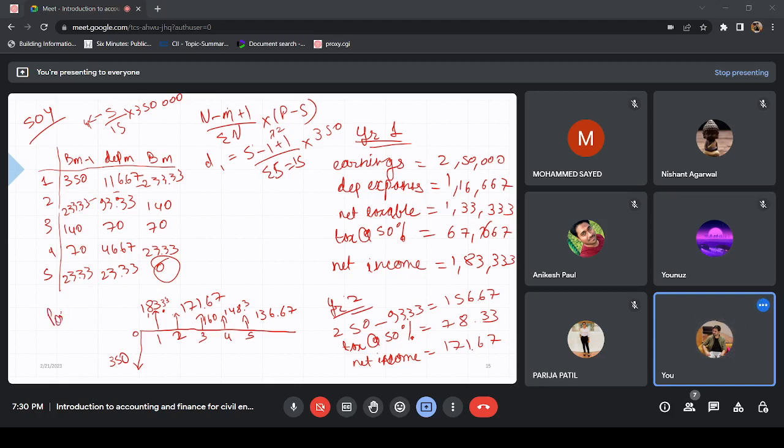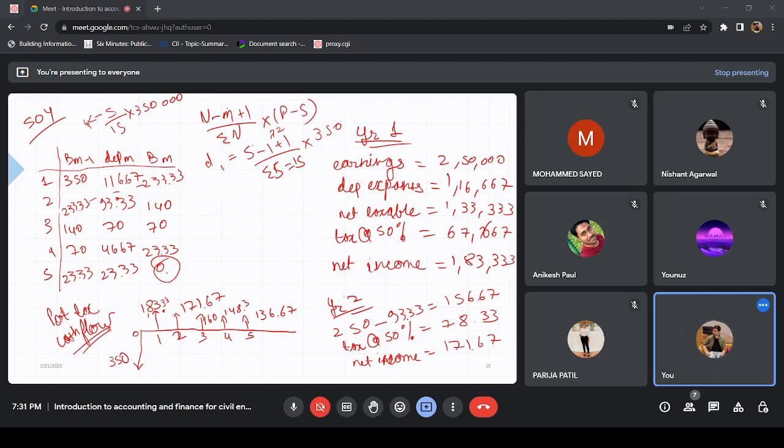So are you guys getting the same post-tax cash flow? Are you trying it or not? Okay.